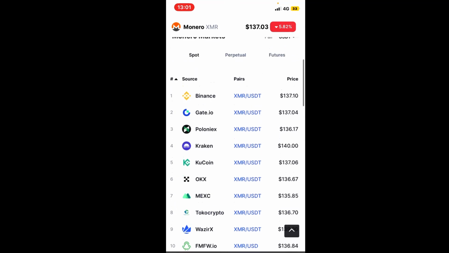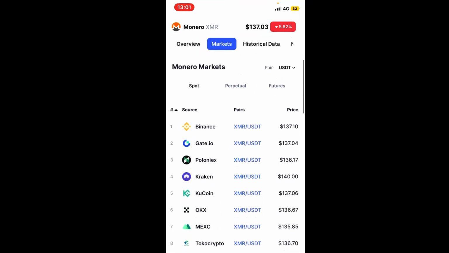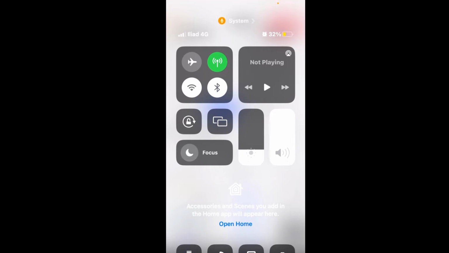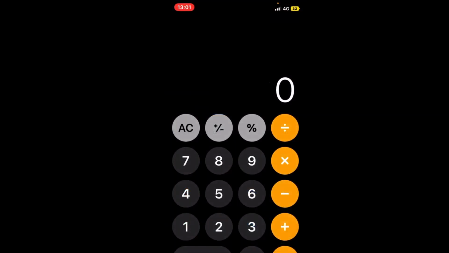After buying from Binance, let me open this calculator. We bought from Binance or Gate.io at 137.04.